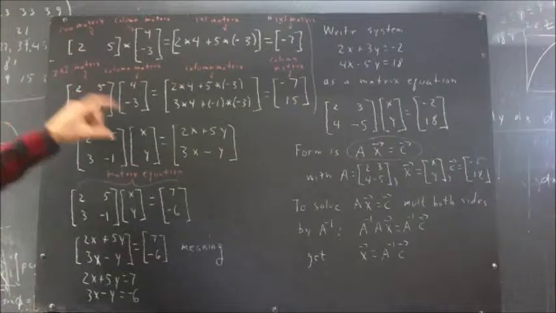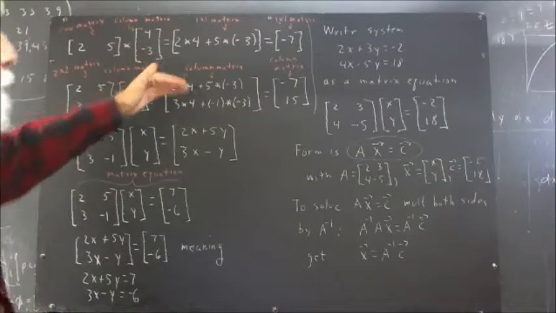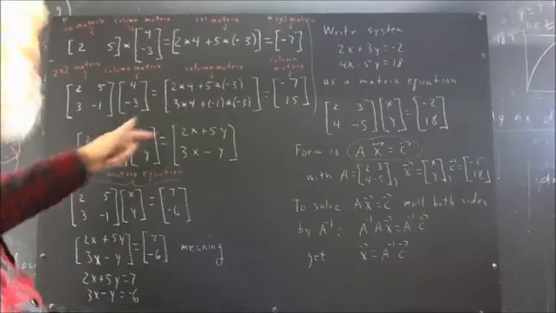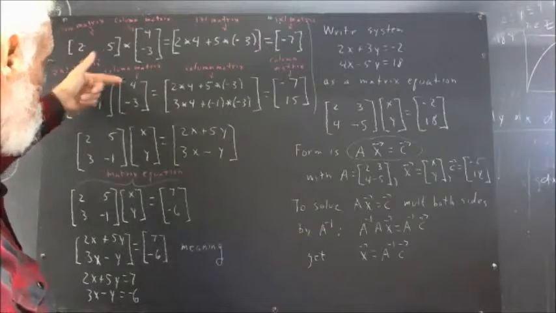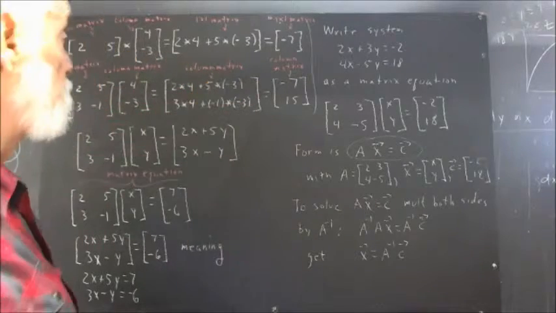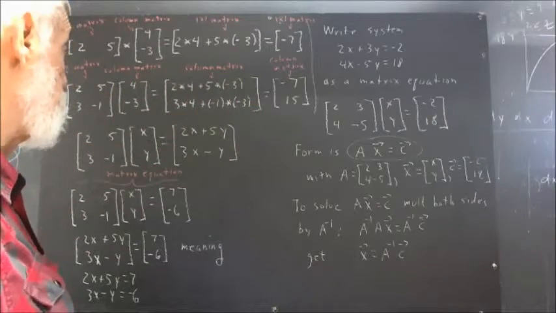Now, since we have 2 rows, we're going to want 2 rows in our product matrix, so we have 2 rows in which to put our 2 results. The first row times the column will give us the result in the first row. The second row times the column will give us the result in the second row.